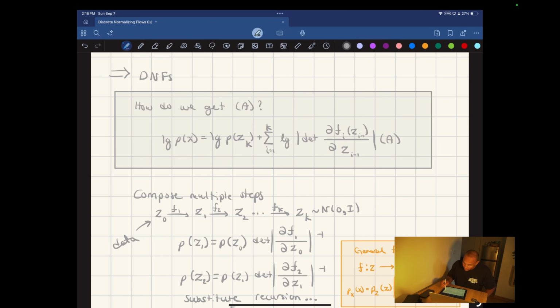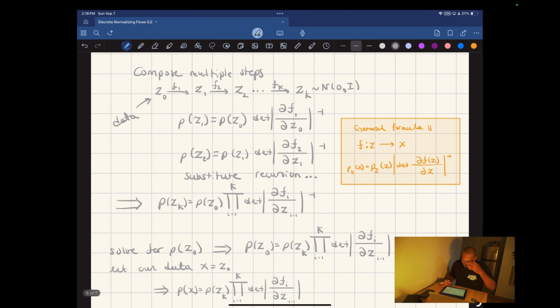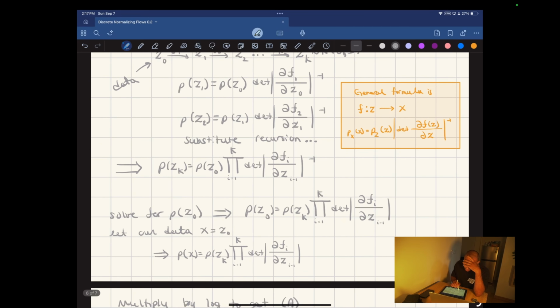So basically what we do is we just divide both sides by this, or sorry, multiply, this is an inverse, so this is 1 over. So multiply both sides by this, right? And then we get this right here.